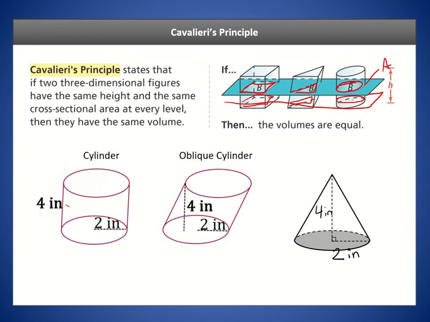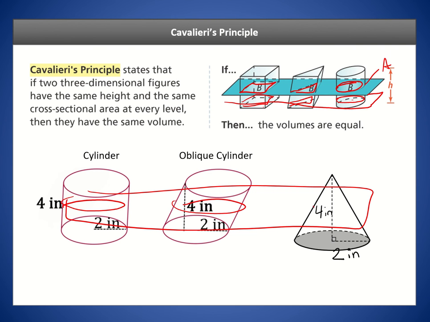Now if you were to apply it to something like this, if I were to make this slice amongst all of these, then the cylinder and the oblique cylinder will obviously be the same. However, if I were to do it with the cone, notice that the circle for the cone actually gets smaller as you go up.